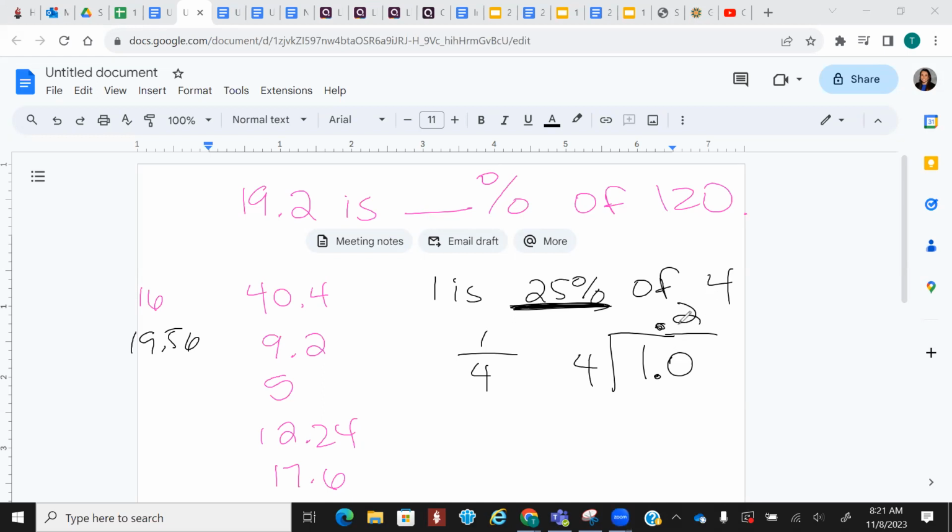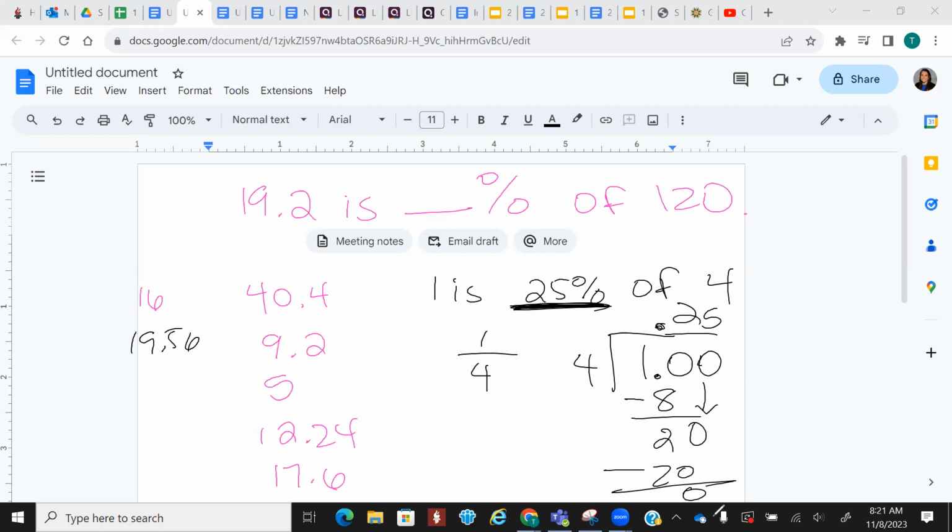That would be 2. 2 times 4 would give us 8. We're going to subtract, which is 2. Add another 0 and bring it down. What times 4 would give me 20? 5. Okay, and we would have a remainder of 0. Again, that's throwback to 3rd grade.